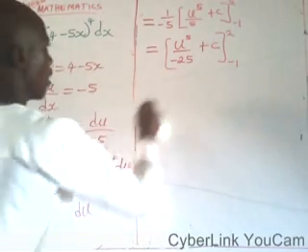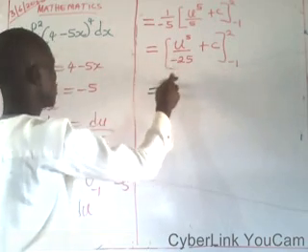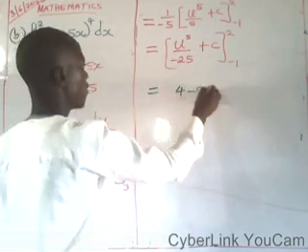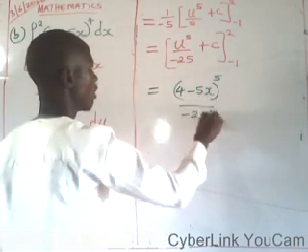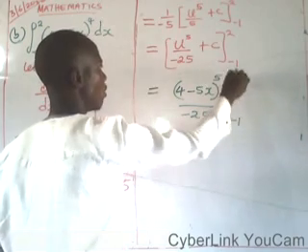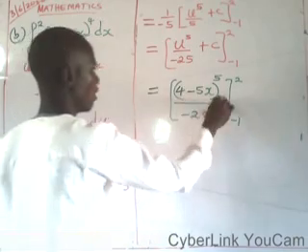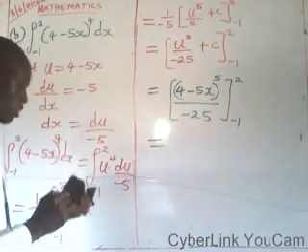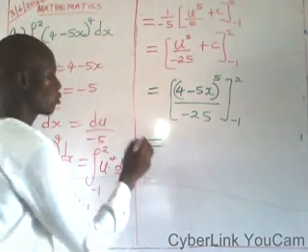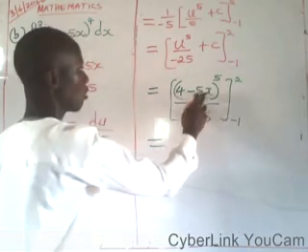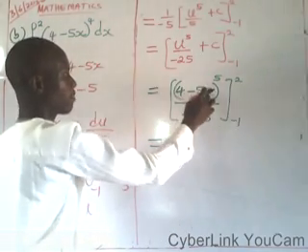So at the end of the day, I will have to substitute back. What is our u initially? Our u is (4 minus 5x), raised to power 5, everything over minus 25, from minus 1 to 2. The c will vanish, so I don't need to waste my time including plus c. And this, of course, is going to be, when you substitute 2, 4 minus 10, that's minus 6.